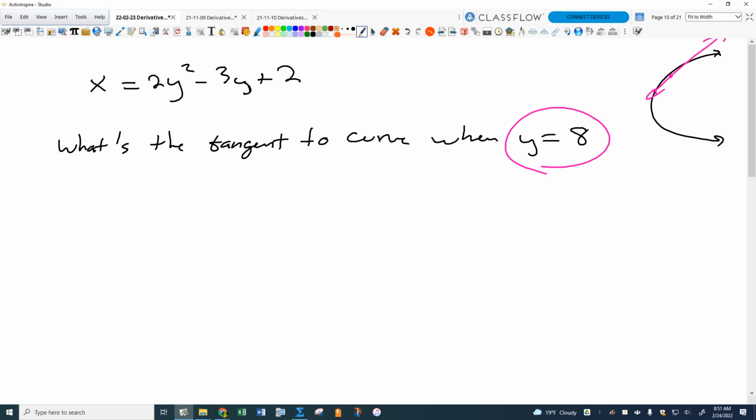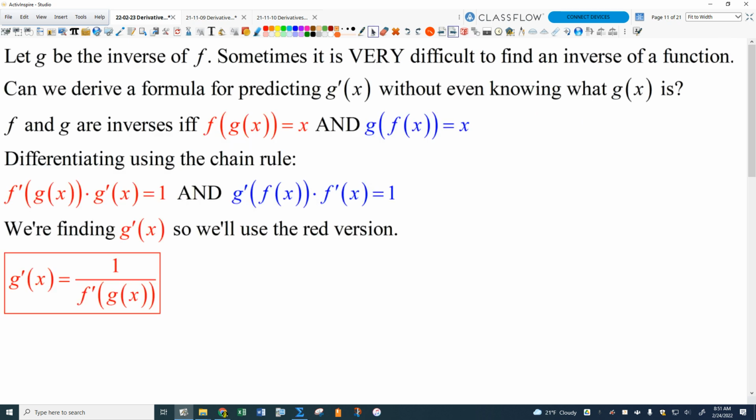Okay, that's good. What if, well, sometimes it's very difficult to find an inverse, or maybe impossible, right? And sometimes there's an easier approach than trying to use implicit differentiation or something like that. And sometimes we don't even have enough information to use implicit differentiation.